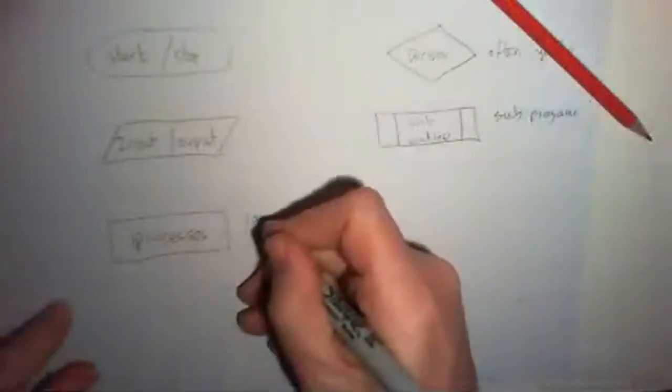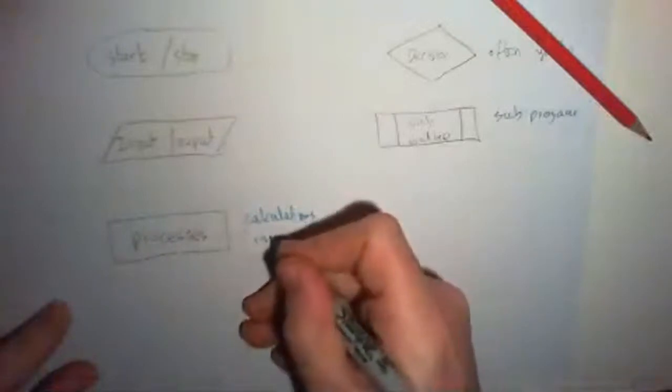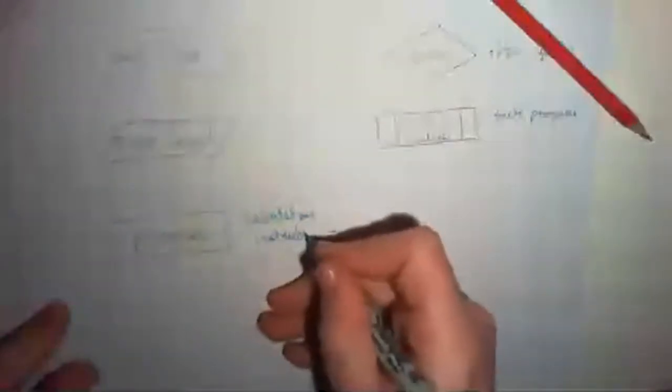And these are the calculations, the instructions, whatever has to happen in order for something to take place. So there again, it's a very important piece of kit.